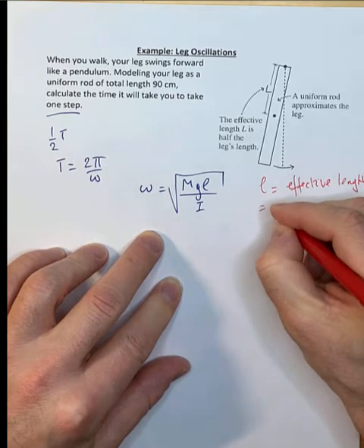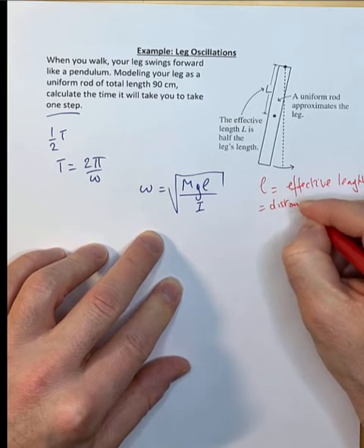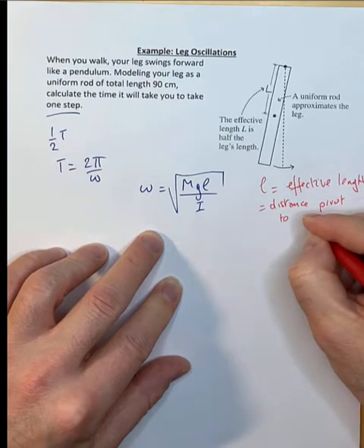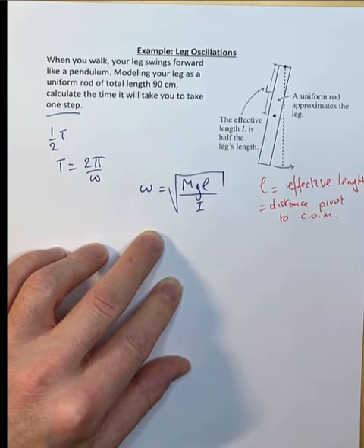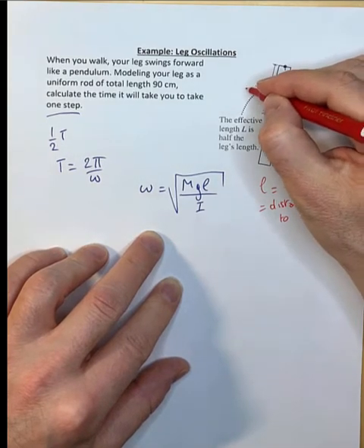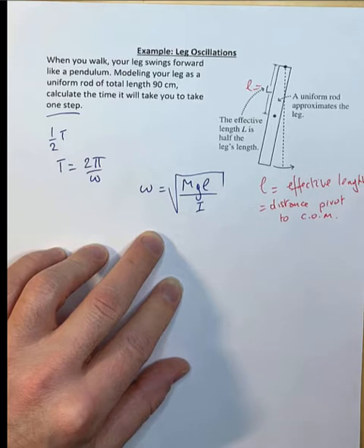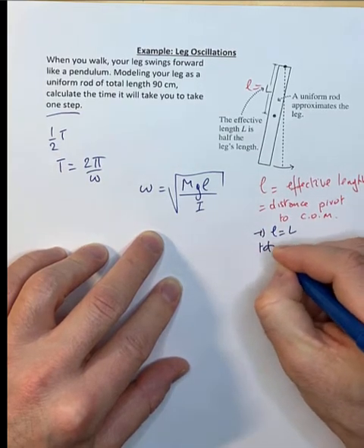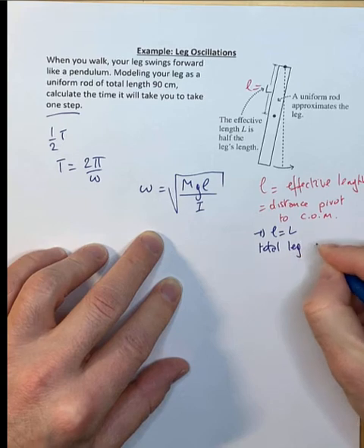In our case, that actually is indicated here by this capital L. And so that means that the total leg length is going to be 2L.